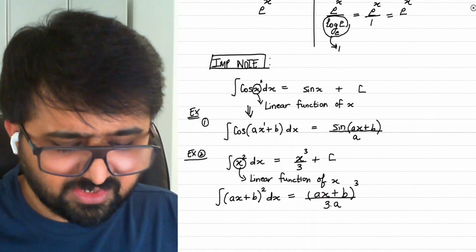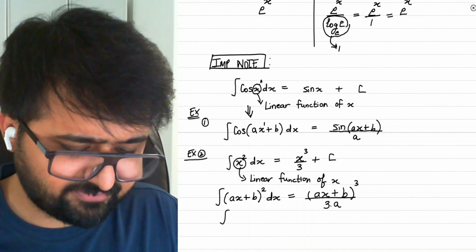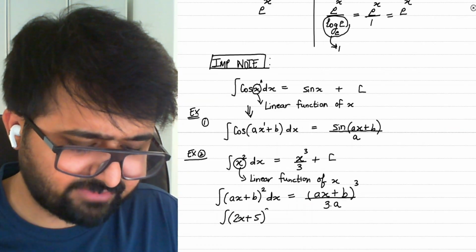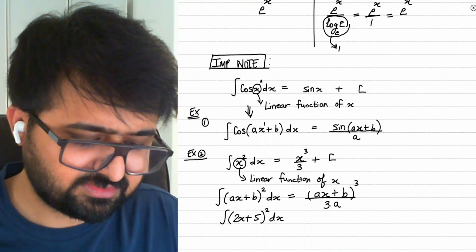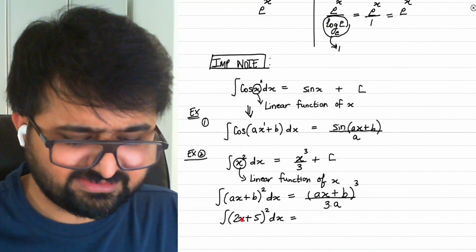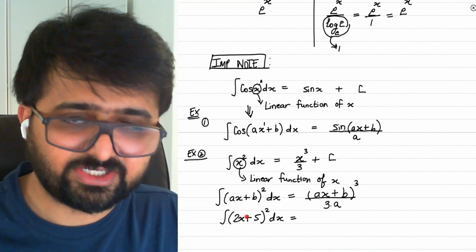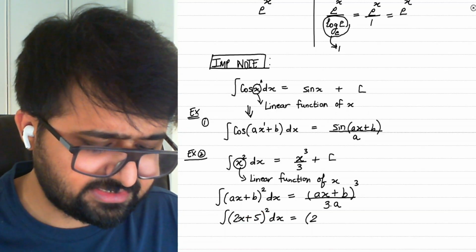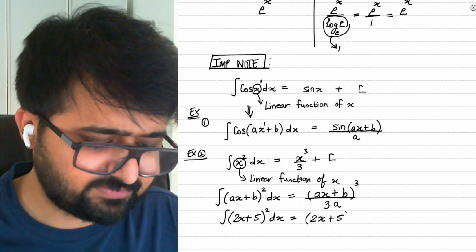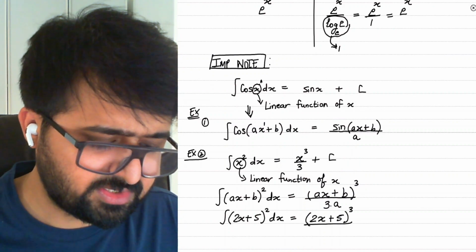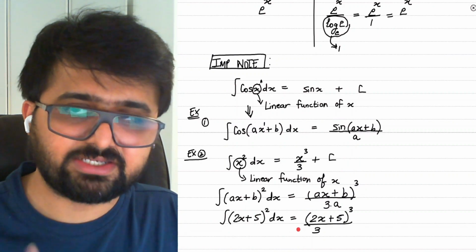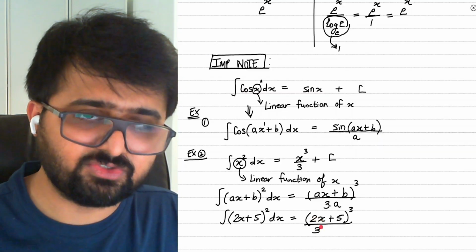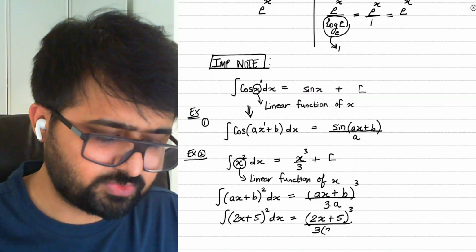Okay, let's take an example. Let's say it was (2x plus 5) the whole square dx. Okay, so this is still like x to the power 2, right? So the same logic applies. You can still say the integration of this is (2x plus 5) to the power 3 divided by 3, but there is an extra term, which is the coefficient of x, that goes in the denominator, which is 2.